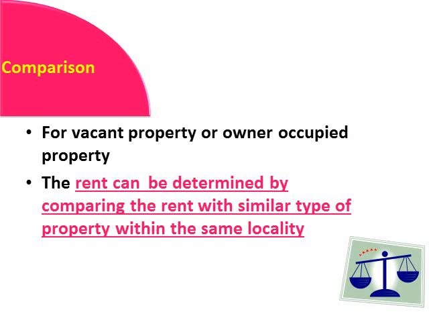So in order to determine the rental value for property A, you can refer to the rental value of properties B, C, and D, which are the same types of properties in the same locality.